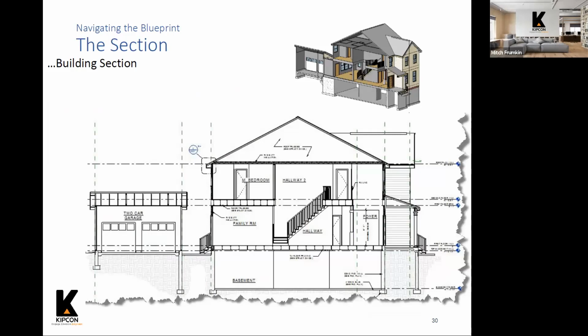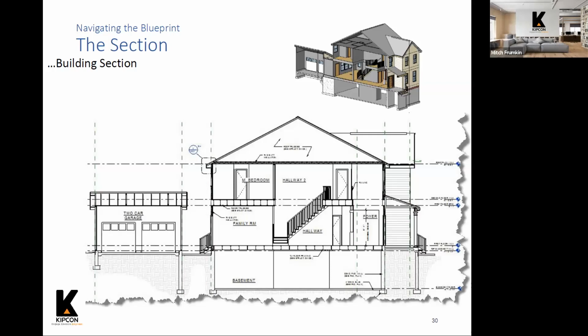So it's going to give you an idea of the height of your basement, your first floor, your second floor, and so on, because it gives you the elevation of the basement floor, and then the bottom, say, of the basement joists.